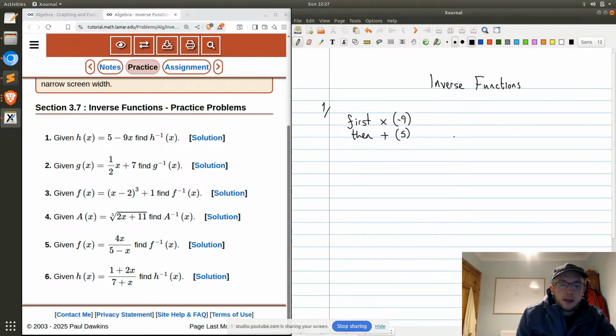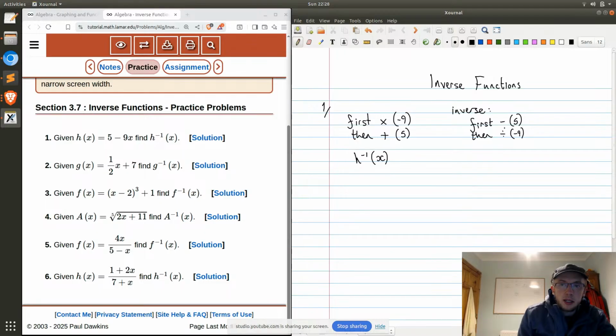So what is that story? Reversed. First, subtract 5, then divide by -9, right? That's the reverse of those steps.